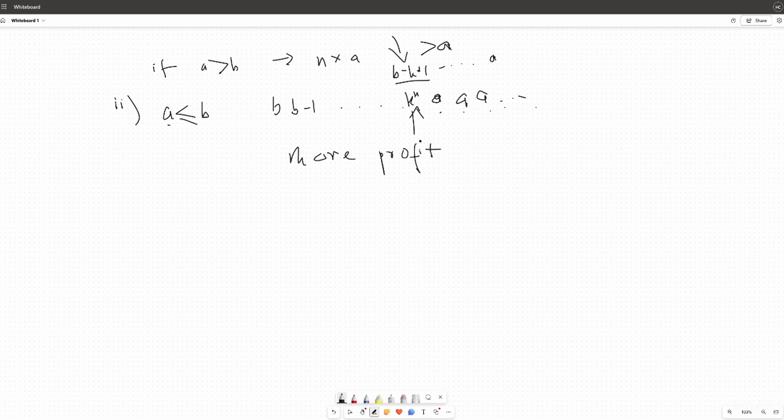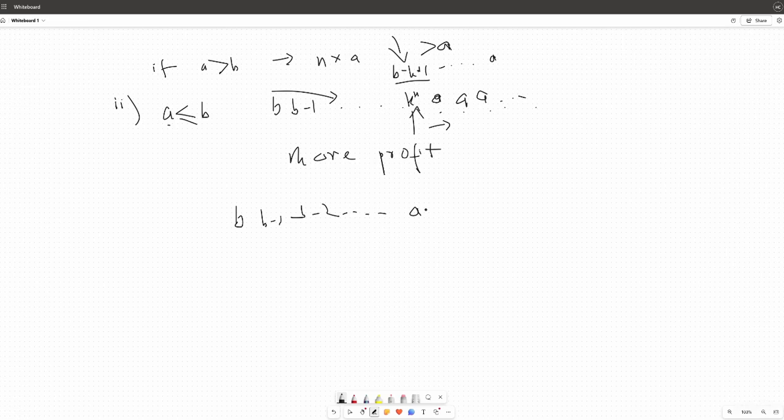So till when can we keep decreasing B? We can keep decreasing B till B reaches A, right? B minus 1, B minus 2, and so on till B reaches A.